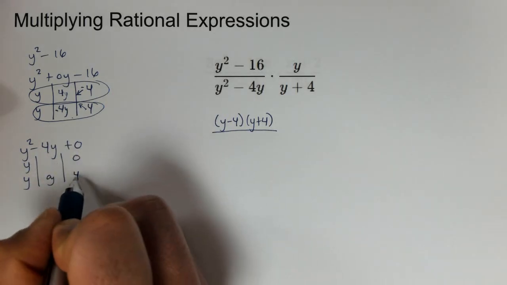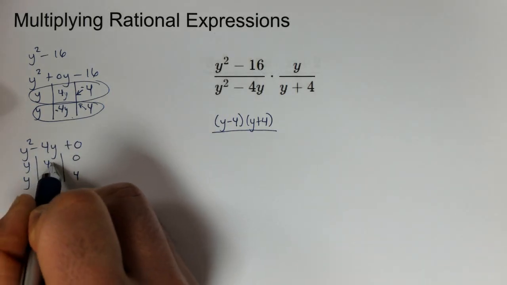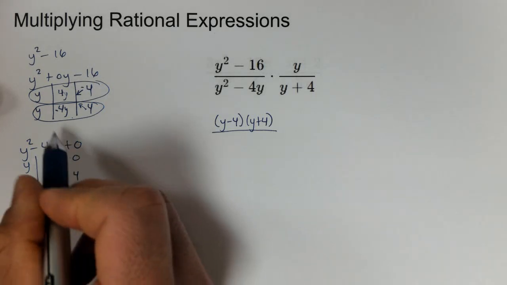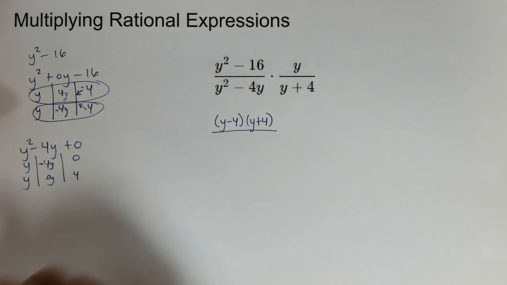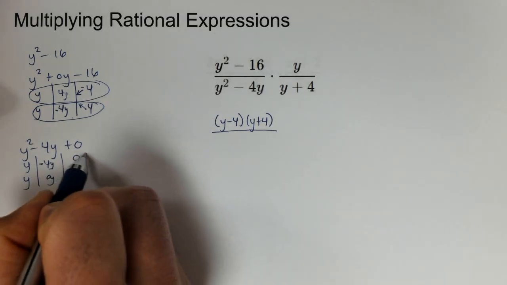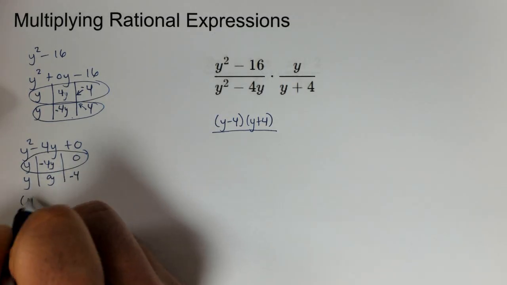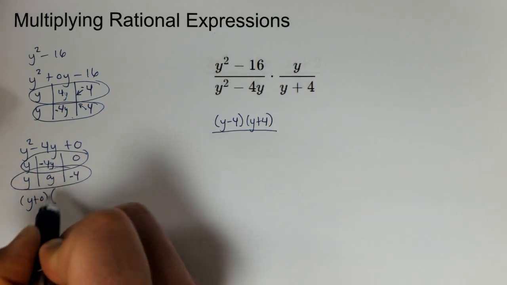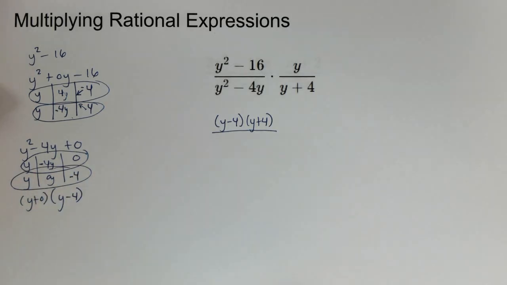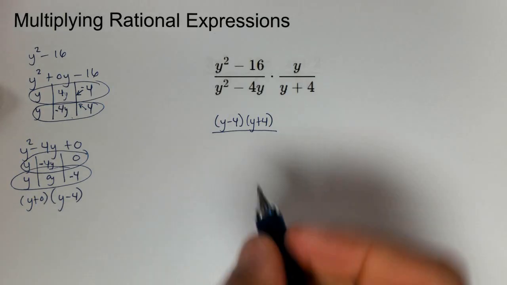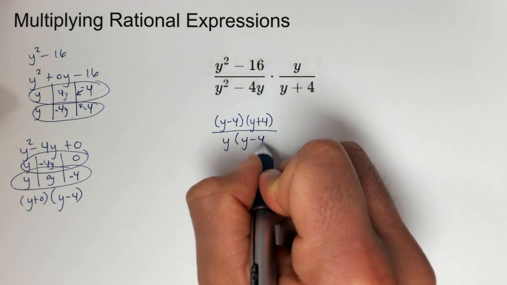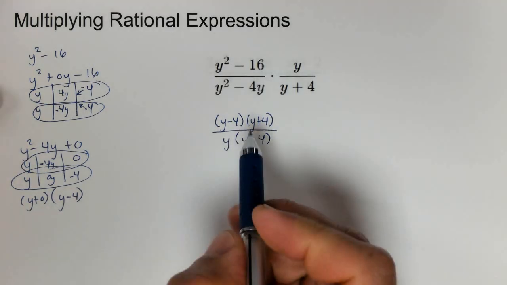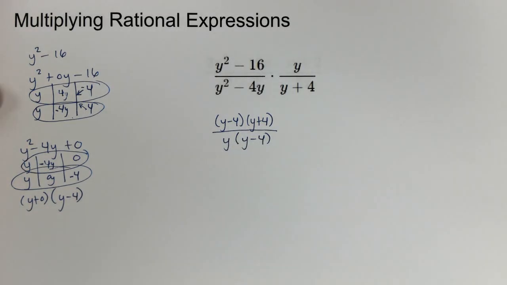And that's 4, right? 4 times y is 4y. And the only way to make this a negative 4 in the middle is if I make that a minus, which means my factors are y plus 0 and y minus 4. Now, I don't really have to add 0, so I'm just going to leave it as a y times y minus 4, because adding and subtracting 0 doesn't change the value of y.